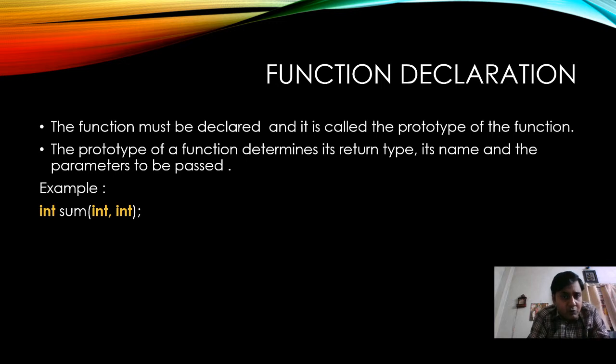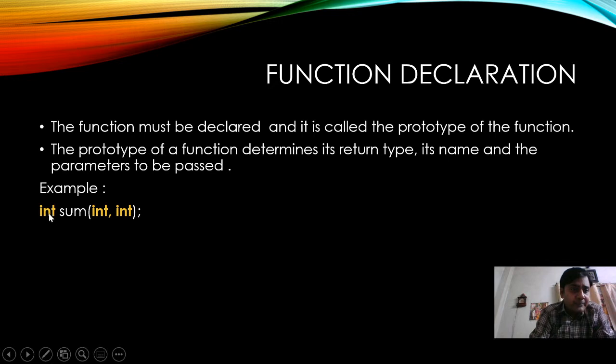Since I want to add two integers, the function should take integers as arguments, and we know that the sum of two integers is always an integer, so the function should necessarily return an integer only.